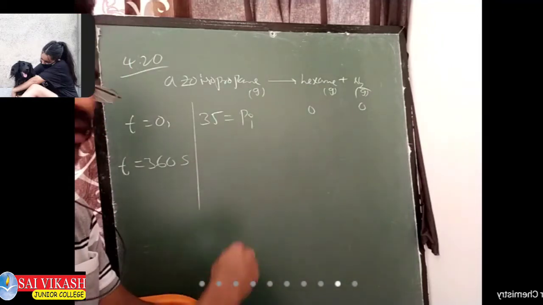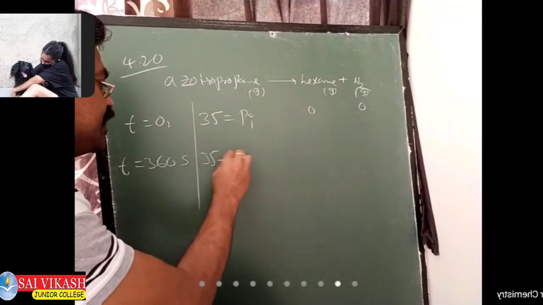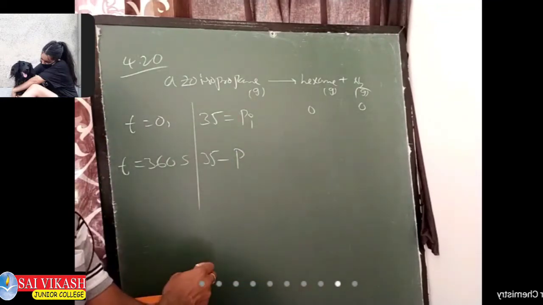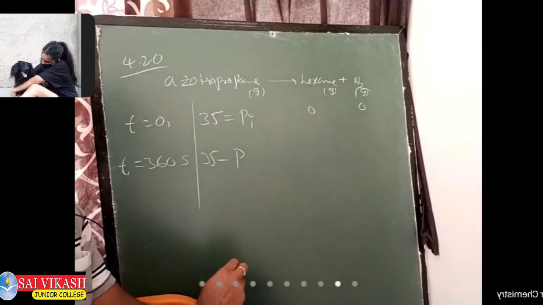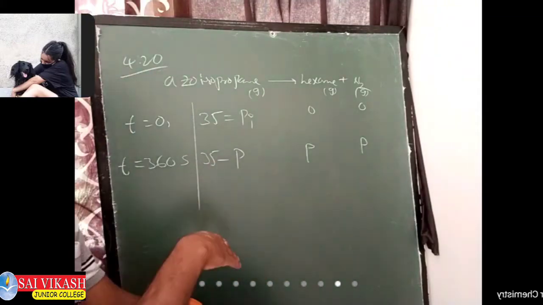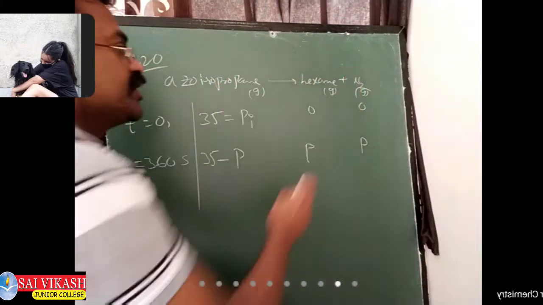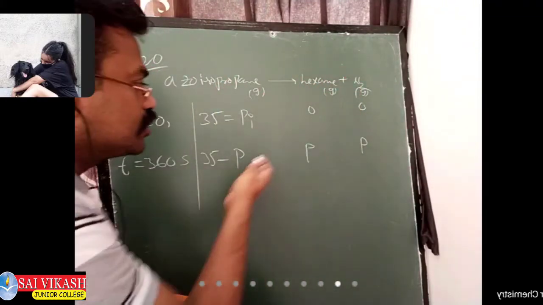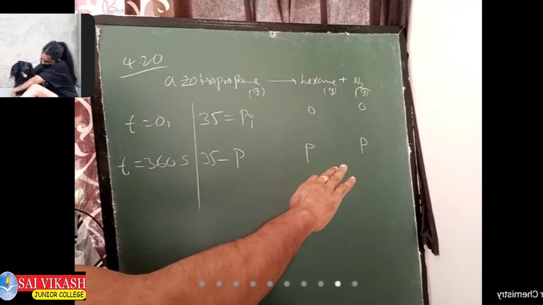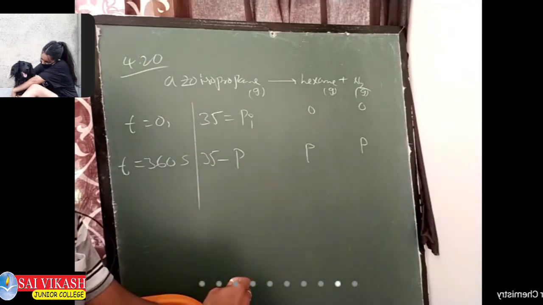So what I'm taking is from the 35, some pressure P is lost at 360. Some pressure P lost. So here P is forming, here also P is forming. Why? 1:1:1 ratio. Now we know the sum of all these three pressures is 54. So let us use the total sum, then you can find out P.